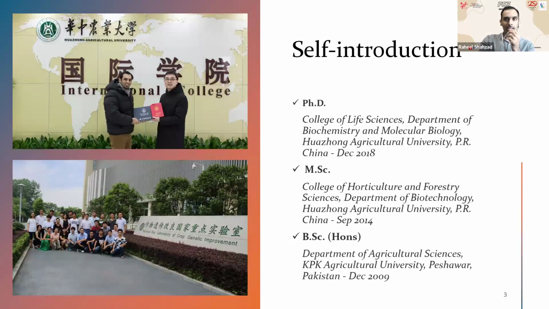So about the self-introduction, I have done my B.S. from Pakistan, from my hometown, but then I moved to China and I got my master's and PhD both from China, from the same campus, Huazhong Agriculture University. It's a beautiful campus.